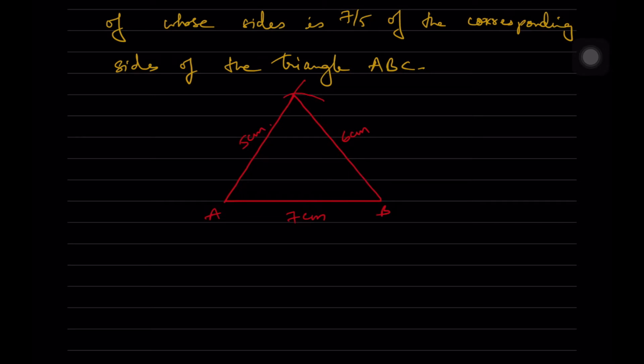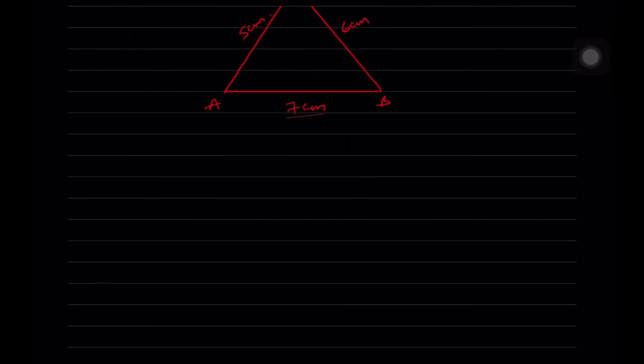Now we are going to draw an acute angle from A. We are making an angle BAX, which is an acute angle. Now we are going to divide this into 7 parts, because it should be another triangle whose sides are 7/5 of the corresponding sides of the original triangle.